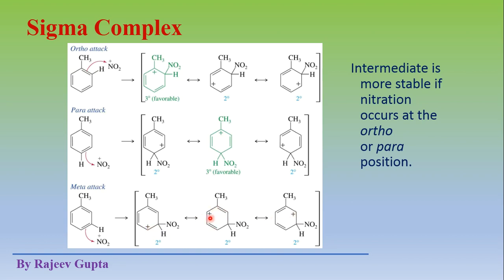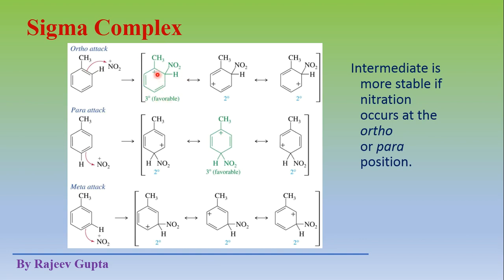Here this positive charge does not go onto this ipso position, no. So what is the difference between the stabilities of these resonance structures, or we can say in the resonance hybrid of all these three resonance structures, which resonance hybrid will be more stable? That resonance hybrid will be more stable where this positively charged intermediate or resonance structure is more stabilized.